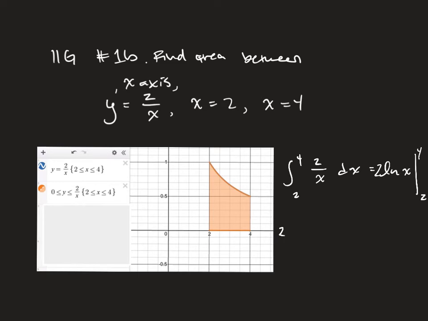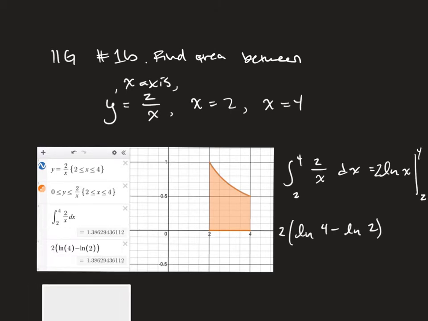So we'd throw in 2, and then natural log of 4 minus the natural log of 2, which, oh, come on. Okay, there we go. There's our answer. Here we've got our exact answer, or just Desmos doing it. So that area right there is about 1.3839, I guess.